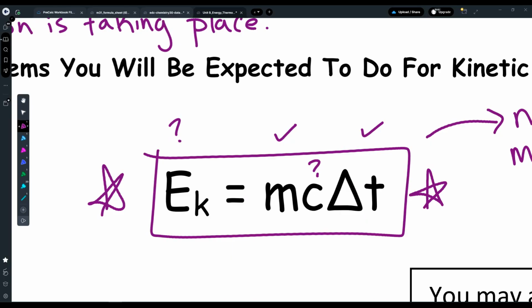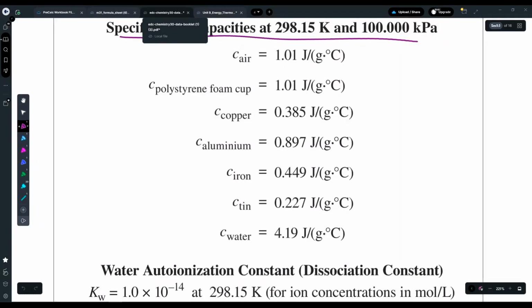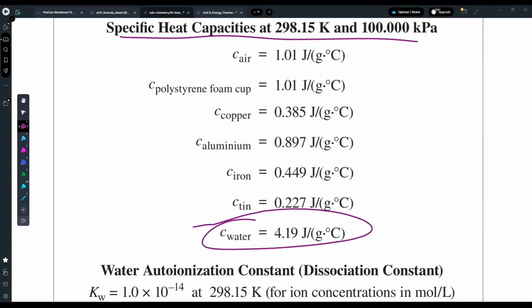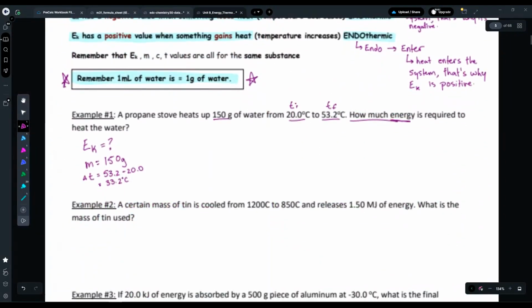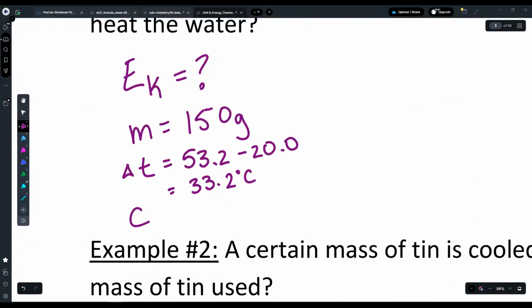We need to look that up. The identity of our substance is water. Let's look up the specific heat capacity of water. That's going to be 4.19 joules per gram degrees Celsius.